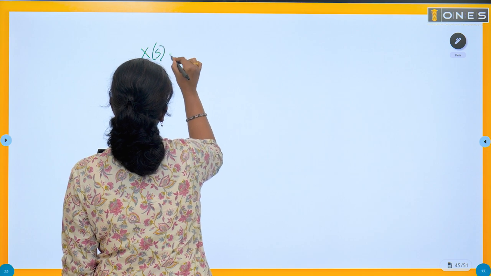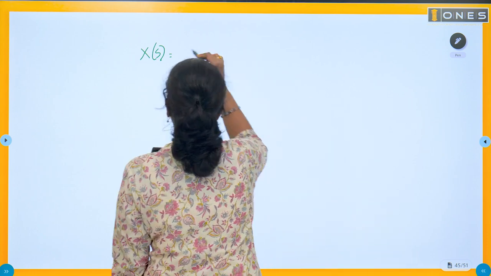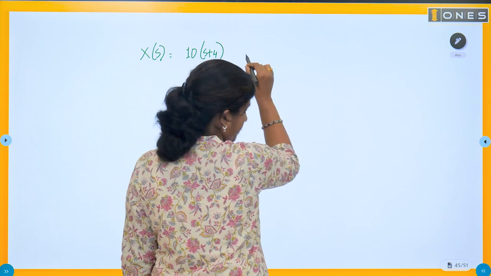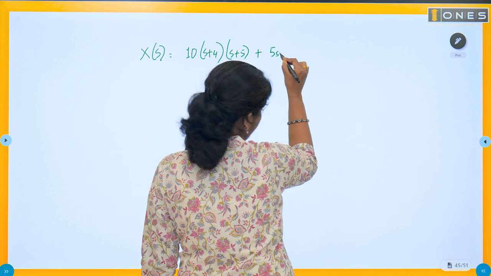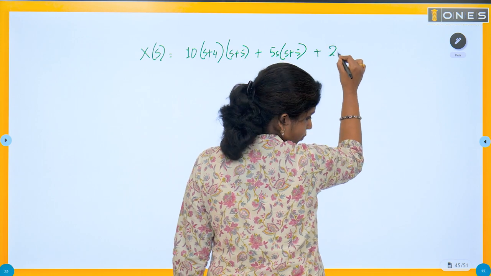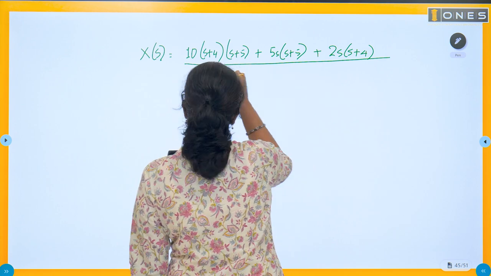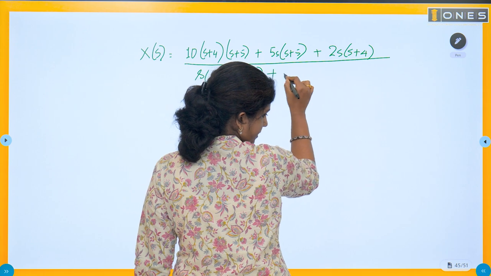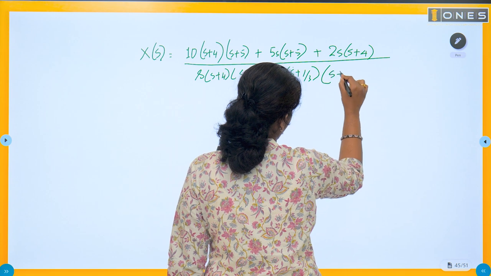X of s is equal to 10 into s plus 4 into s plus 5 plus 5s into s plus 5 plus 2s into s plus 4, divided by s into s plus 4 into s plus 5 into s plus 1 by 3 into s plus 1 by 6.